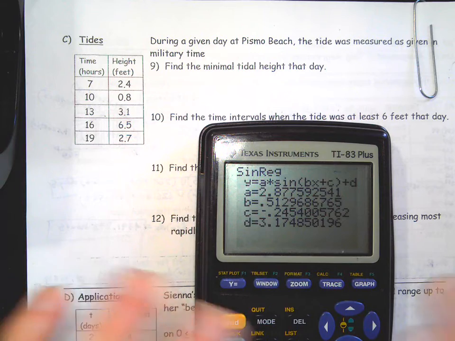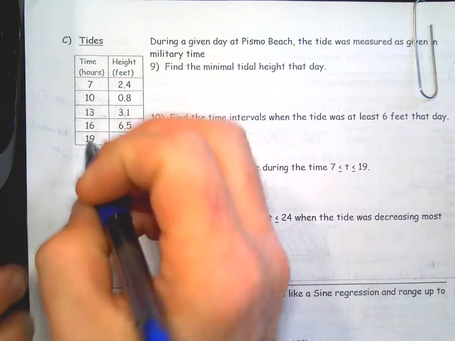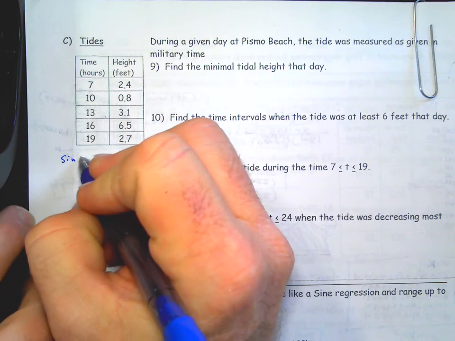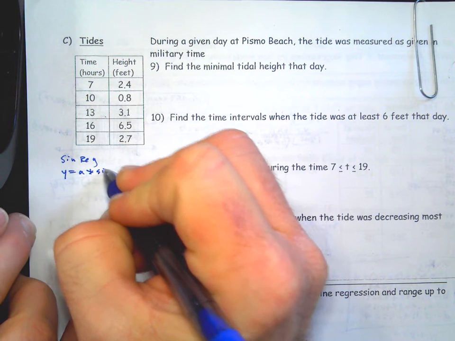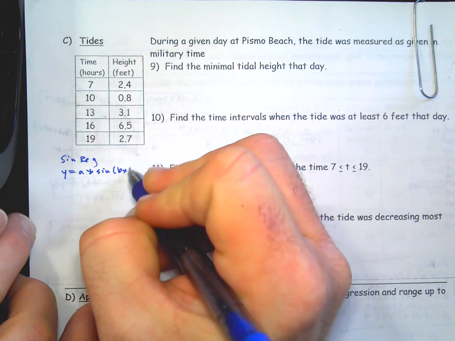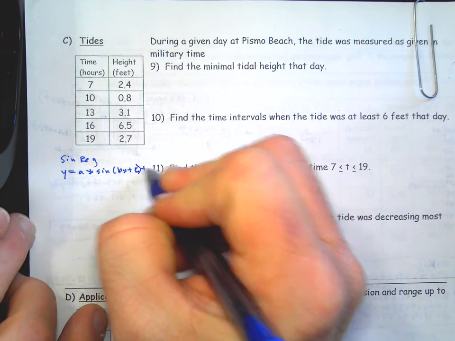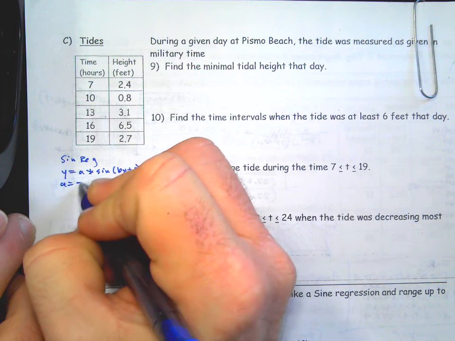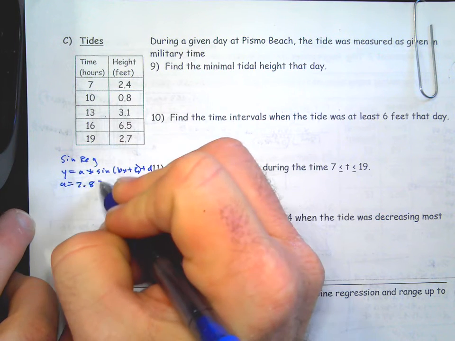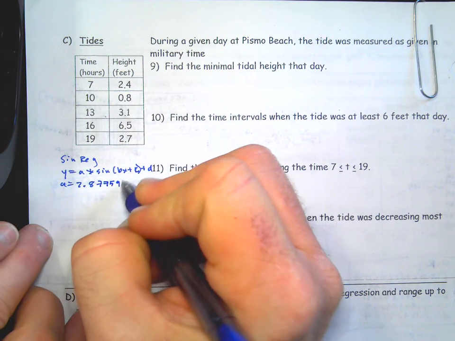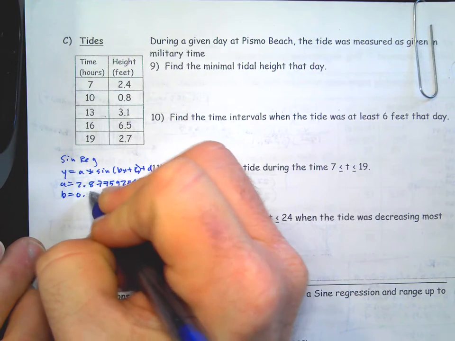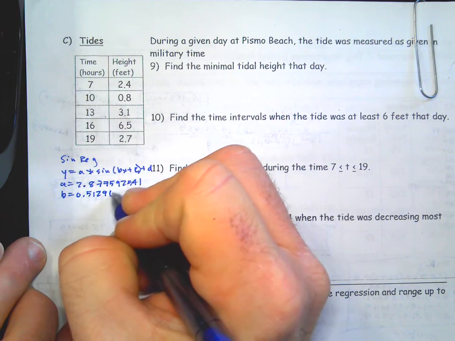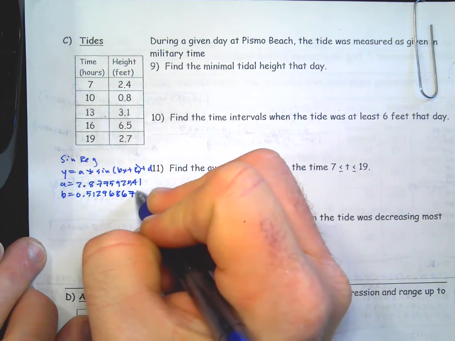There it is. Write this down, all of it. So sine reg y equals a times sine bx plus c plus d, a equals 2.877592541, b equals 0.51296866765.